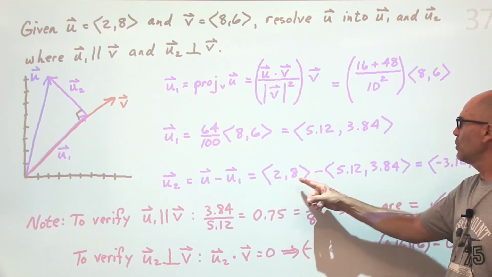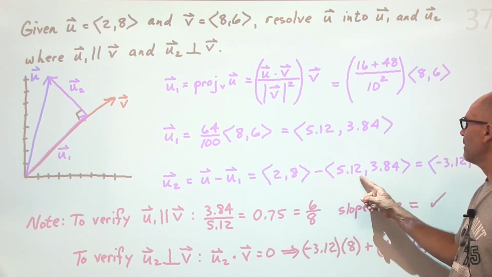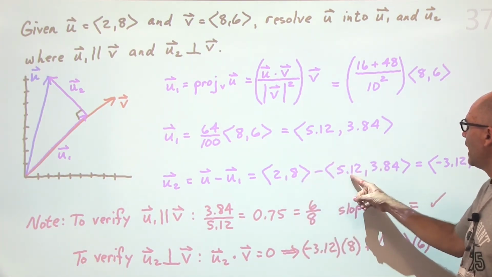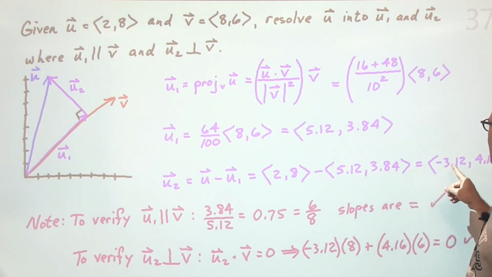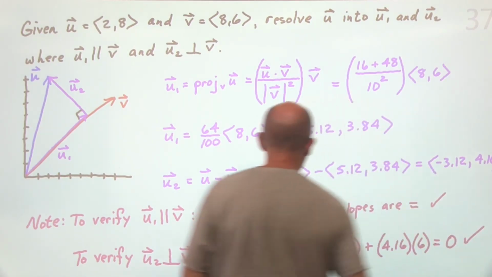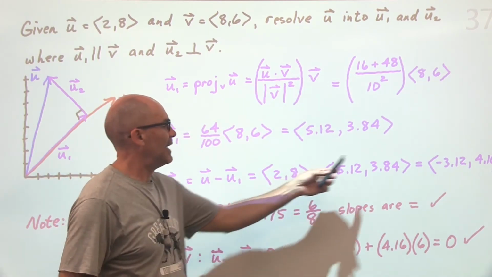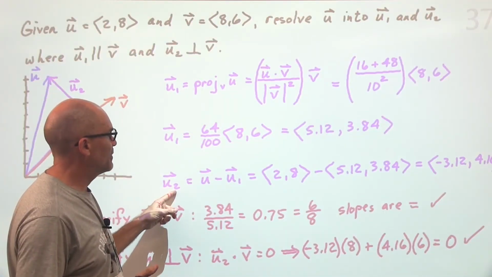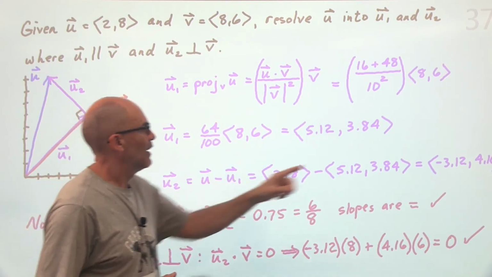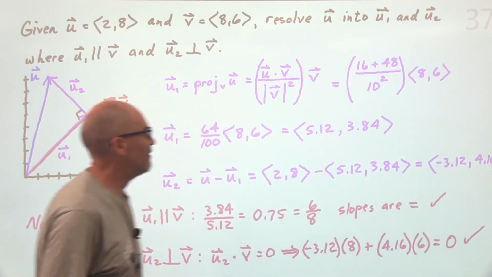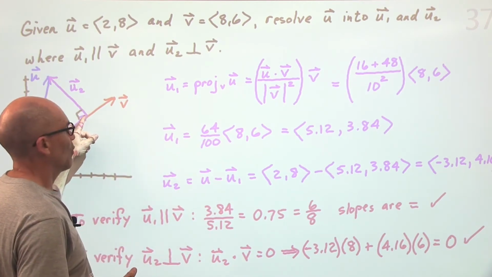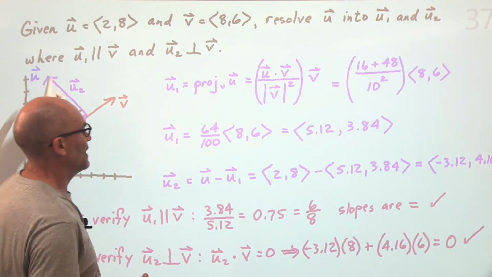Well, u is 2, 8, and I'm subtracting 5.12, 3.84. So I just go 2 minus 5.12, and I get negative 3.12. And 8 minus 3.84 is 4.16. So that means the u sub 2 vector is 3.12 to the left and 4.16 up.